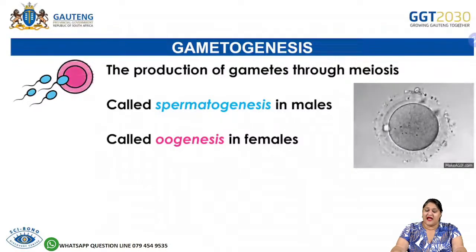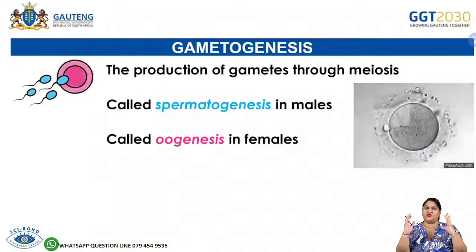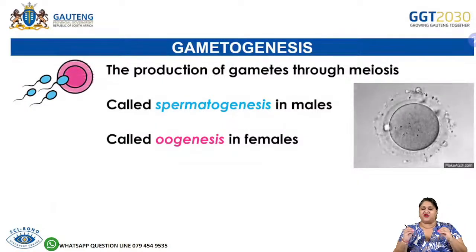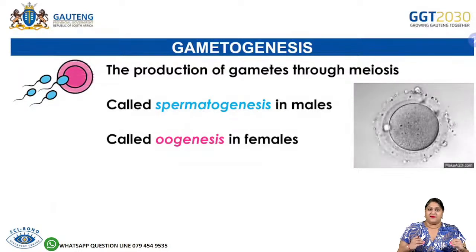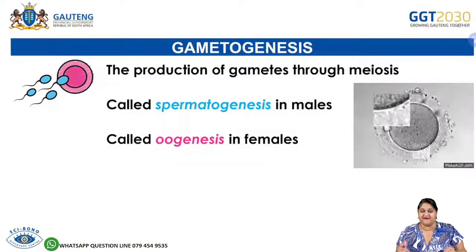Okay, but now what you don't know is the process of how ova are formed and how sperm cells are formed. And this collectively is called gametogenesis. It's the production of gametes through meiosis. Okay, and it's called spermatogenesis in males, and it's called oogenesis in females.